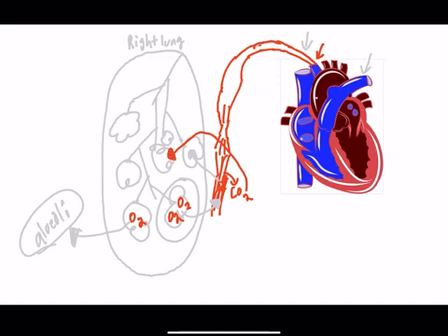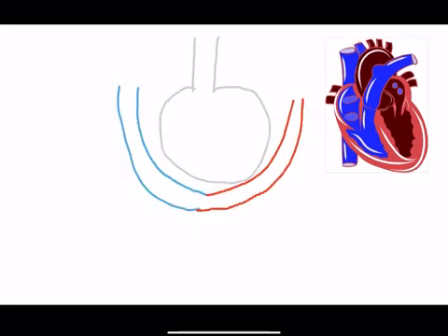As these capillaries come near the alveoli of the lungs, what happens is this. Let me show it to you in a zoomed in version. Remember we just talked about the alveoli, and this is a very zoomed in drawing of one singular alveolus, just one alveolus, and this is the single capillary that I was talking about.